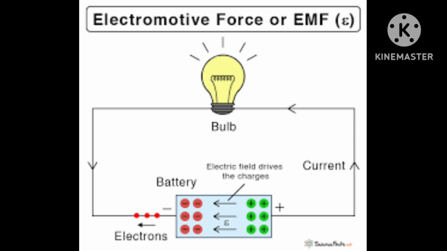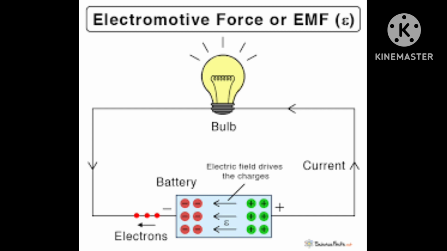In the beginning I told you that some metal rods have a tendency to lose electrons, and other metals have a tendency to gain electrons. The metal which has more tendency to lose electrons, then oxidation reaction will take place.